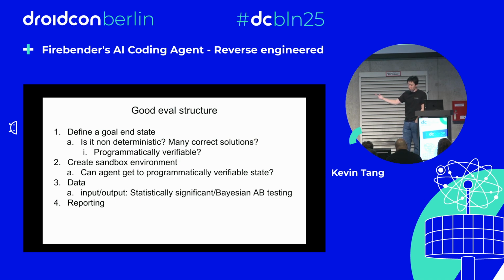And so we do things like statistical significance analysis and Bayesian A/B testing to try different models to see if they actually create improvements, or if our prompt changes are actually working. And also reporting, to get good dashboards to visually and quickly understand what's going on.